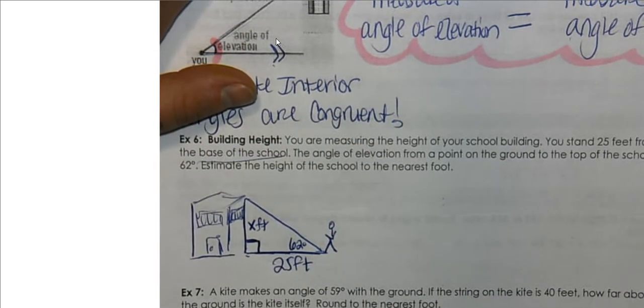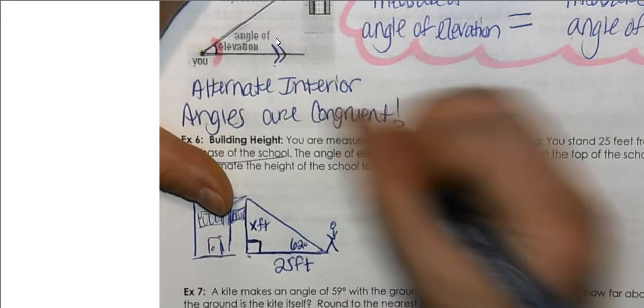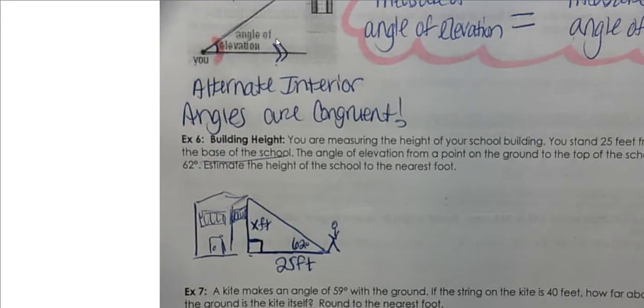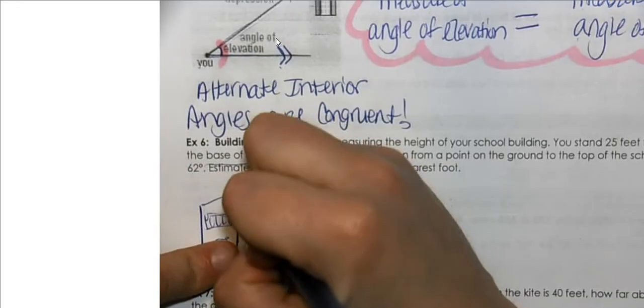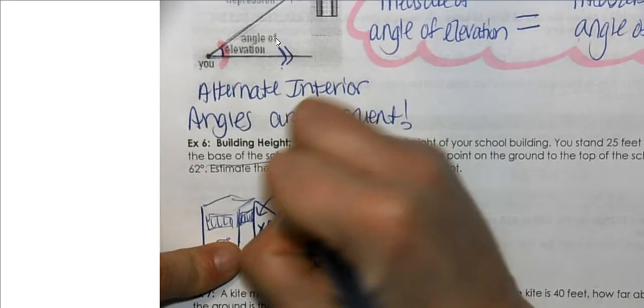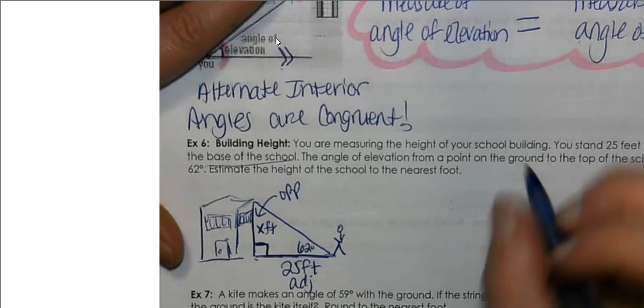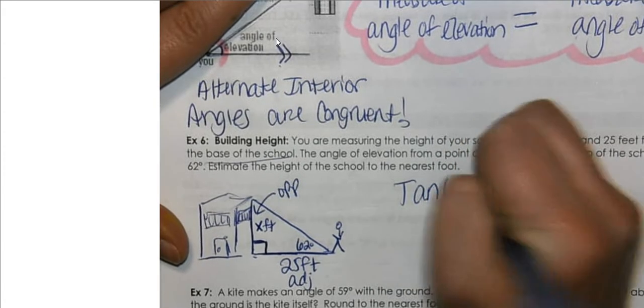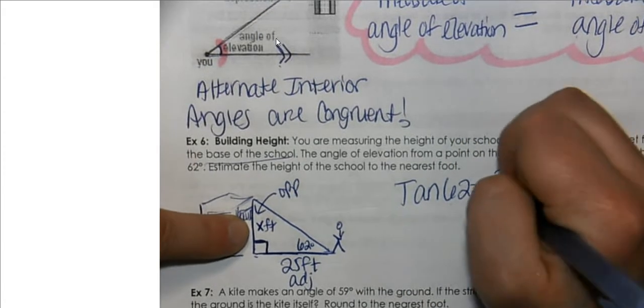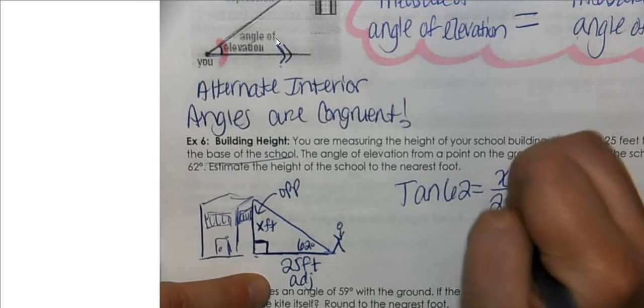So what we're going to use, according to what we know and what we want to find: I know the adjacent side, and I want to find the opposite. So what uses opposite and adjacent? Well, that's going to be tangent. So that is the tangent of 62 is equal to the opposite, which is x, divided by the adjacent, which is 25.